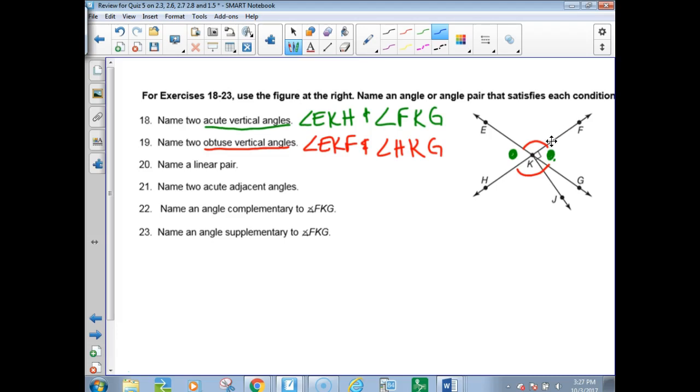Right? I didn't mean to stop you, but we could still do it, Gwen, if you want to. Okay, go ahead, Bryce. Say it again, honey. GKJ is too tiny to make a linear pair.